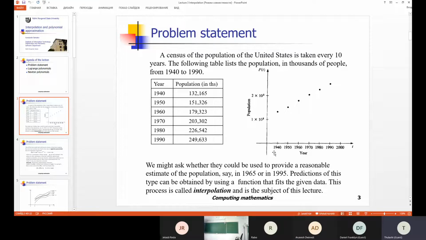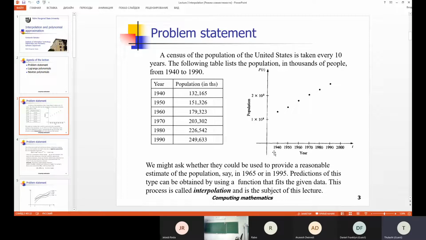But suppose that we have this data, and as the census of population is taken every 10 years, we know nothing about the years between.